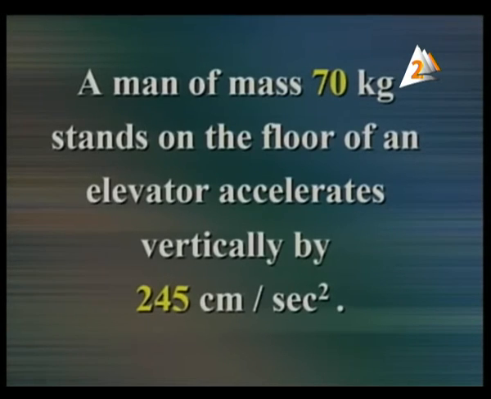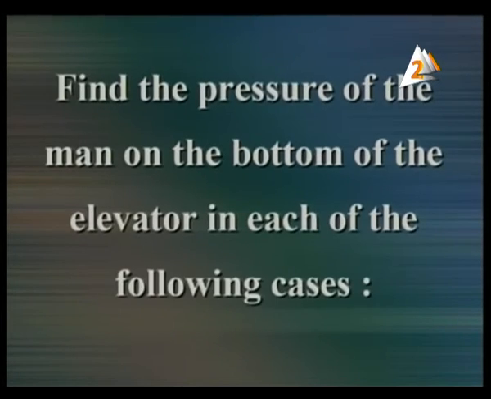Example: a man of mass 70 kilogram stands on the floor of an elevator that accelerates vertically by 245 centimeter per second squared. Find the pressure of the man on the bottom of the elevator in each of the following cases.